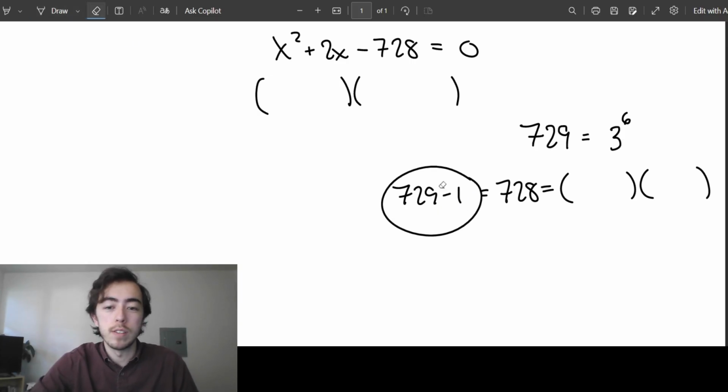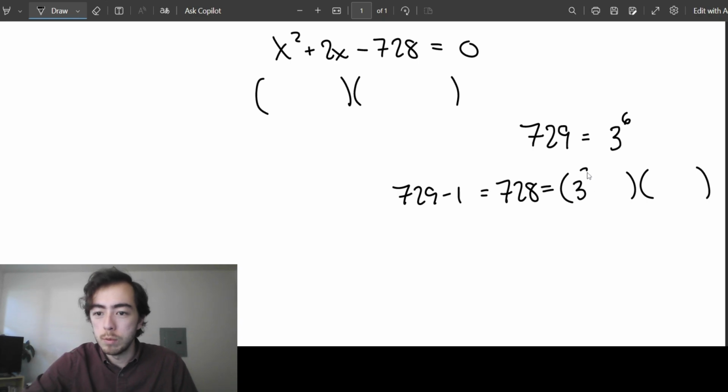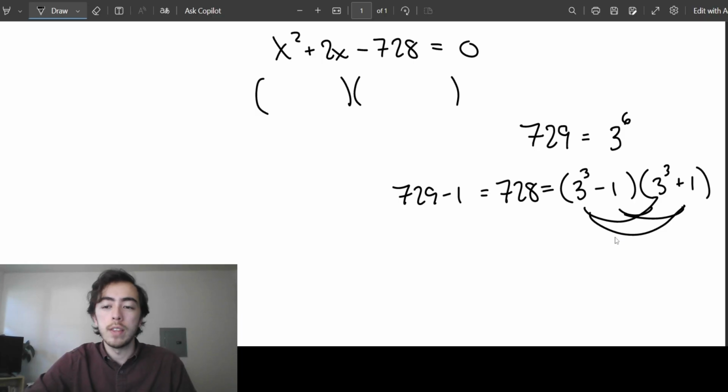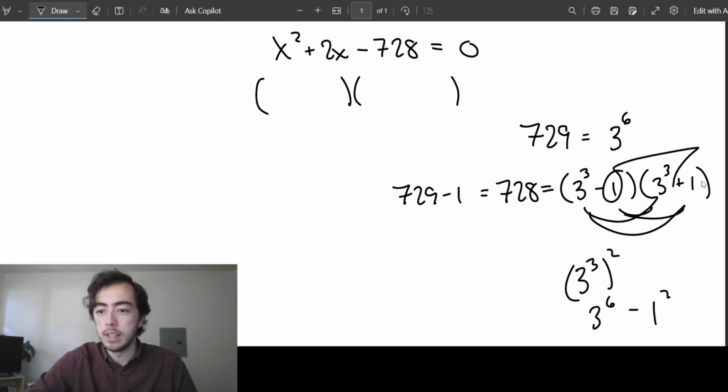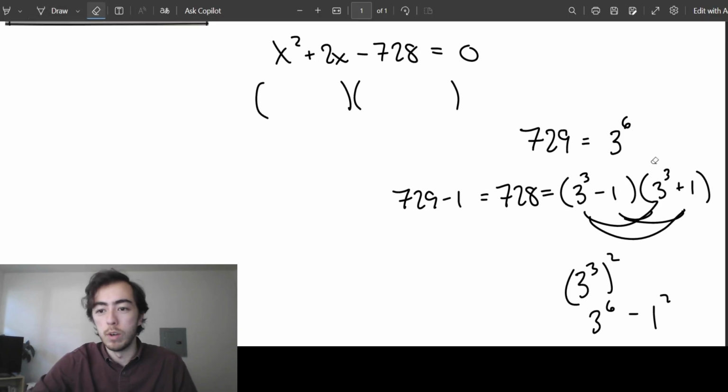And both of these are square numbers. I could do 3 cubed minus 1 and 3 cubed plus 1. And so if I distributed all of the things here, I would get that difference of squares pattern, where I get the square of the first thing, which is 3 to the 6th, minus the square of the second thing, which is just 1.